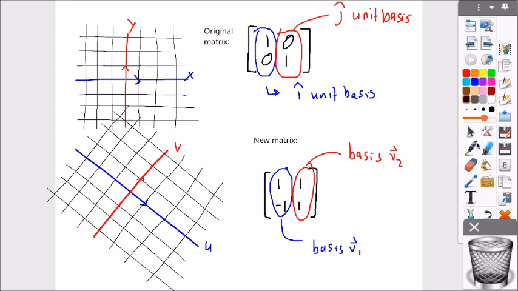When people write it with x, y like this, you can observe that it's simply going to be x and y. So that's why it's normal, that's why it's called the original matrix.